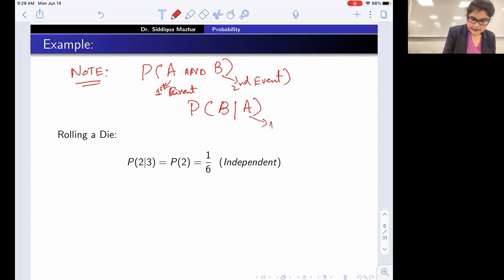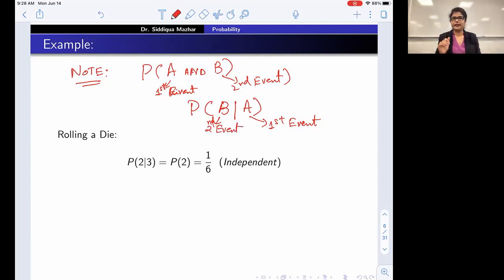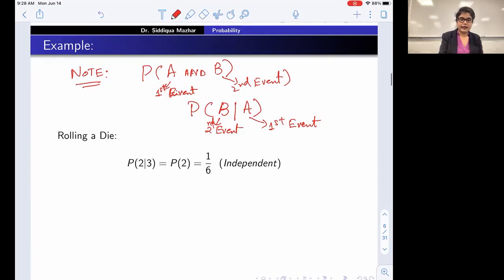So this is our first event that has happened already, and this will be our second event, which is what we are looking for in successive trials, right? This is why the probability of finding B when this was independent, my favorite color, was the same, because I still had 5 options. So this was equal to 1 by 5. If this is independent, this will be equal to the probability of B. Is there any question so far? Is everything clear? Okay.